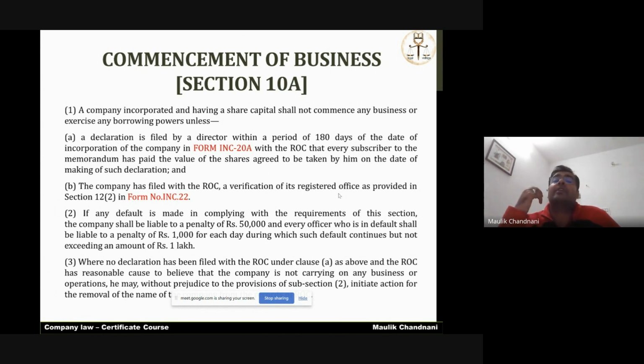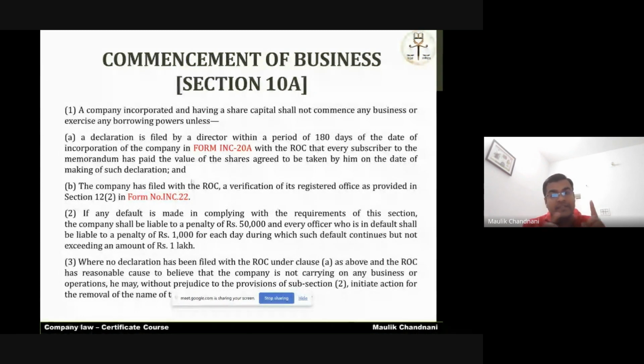So at the time of incorporation, the ROC gave you the liberty that you are not supposed to disclose the entire address, but only the name of the state. But within 180 days itself, you need to file the exact, detailed address to the ROC in Form INC 22.